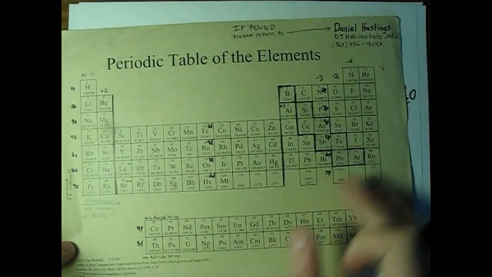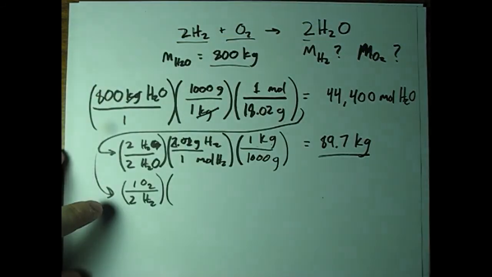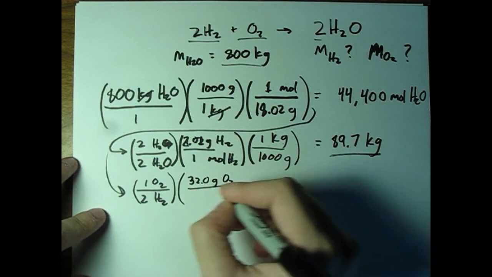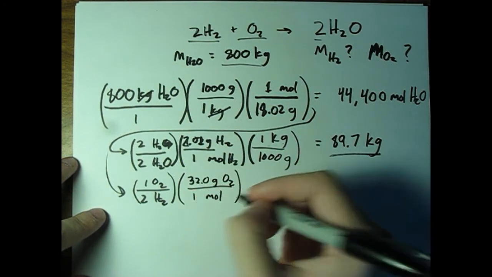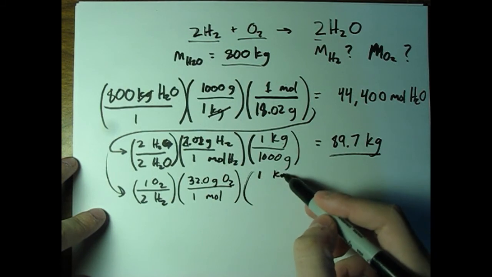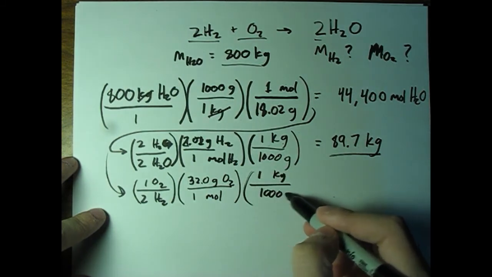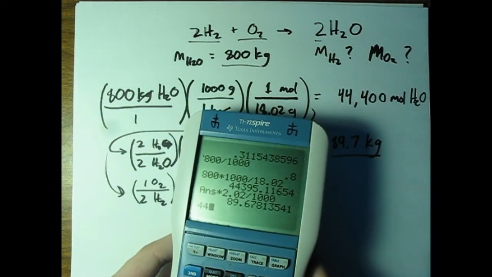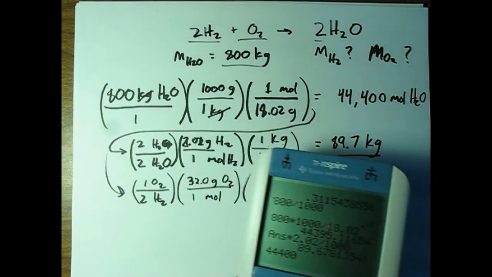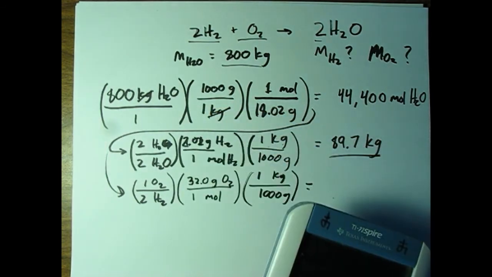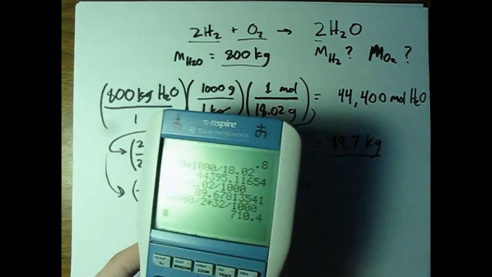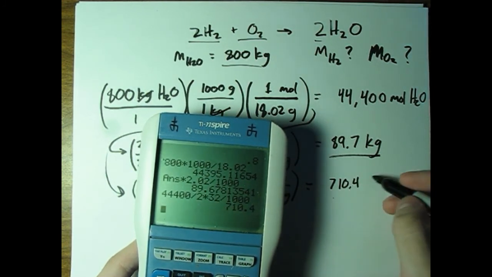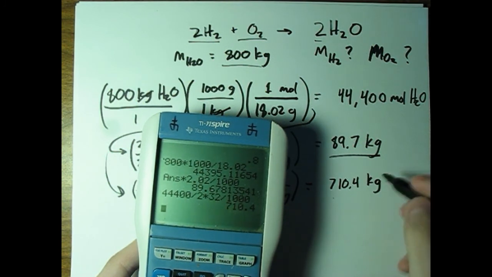It's 16 times 2, which is 32. 32 grams of oxygen for every mole. And then convert it to kilograms and divide by 1,000 grams. And we get 44,400 or so, divided by 2 times 32 divided by 1,000. And we get 710.4 kilograms of oxygen.